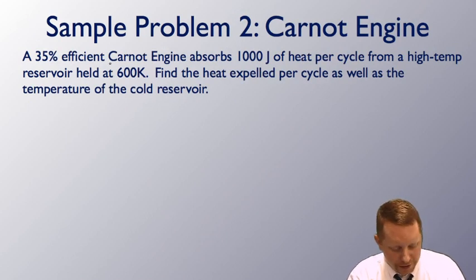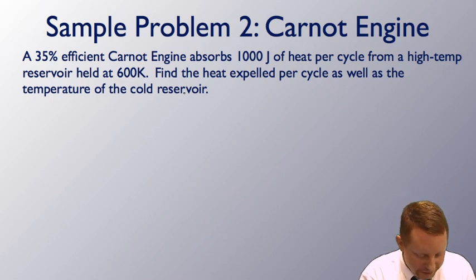Another problem: a 35% efficient Carnot engine absorbs 1,000 joules of heat per cycle from a high temp reservoir held at 600 K. Find the heat expelled per cycle as well as the temperature of the cold reservoir. Now let's write down what we're given.